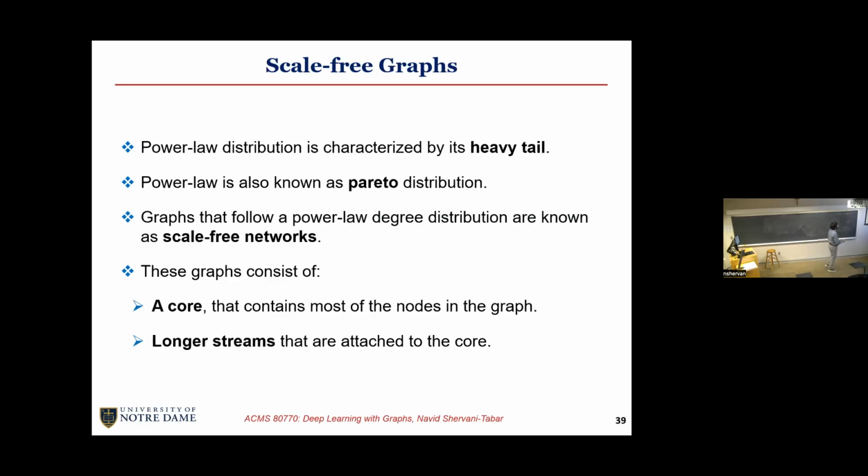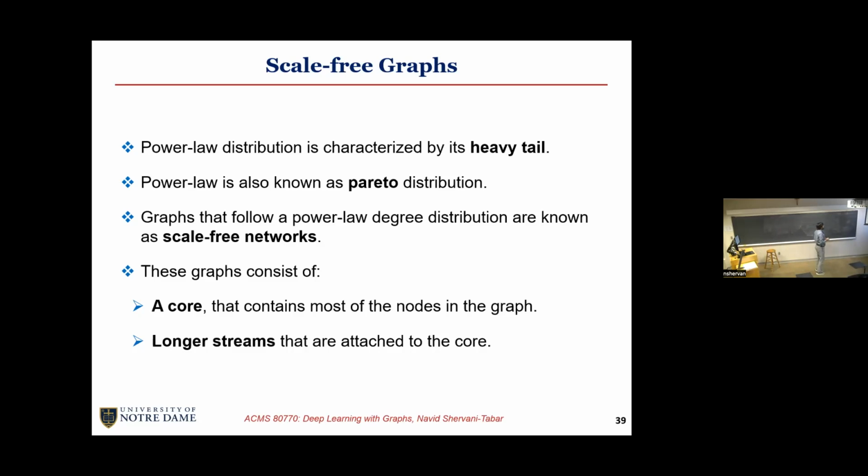Now, we said that a power law distribution is characterized by its heavy tail, meaning that the number of nodes that have unusually high connections, high degrees, is non-zero, and there's always a few of those. So the networks that follow this power law distribution, we call scale-free networks.